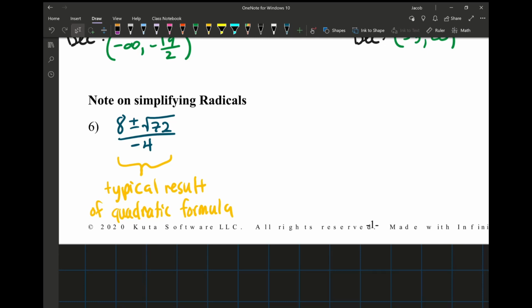When working with the radical, remember you are looking for factors of 72, and you're looking for the greatest factor of 72 that is also a perfect square. So in 72 we have 9, we've got 36, and 36 is actually the largest perfect square.